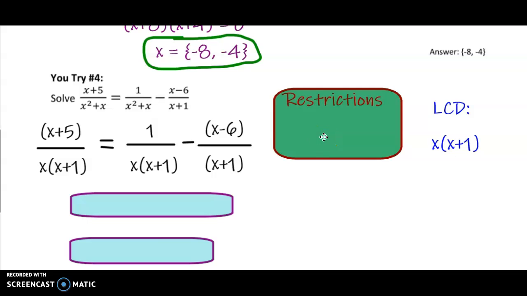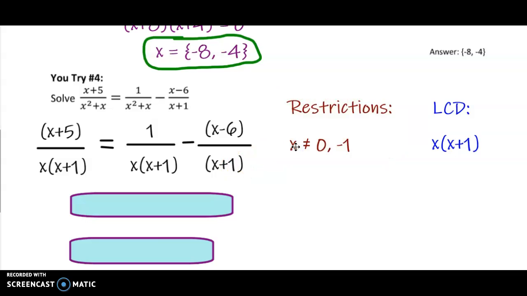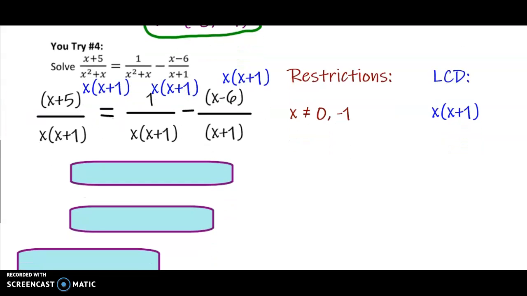My restrictions then would be, if I said x equal to 0, I get 0. If I said x plus 1 equal to 0, I get negative 1. So those are my two restrictions of what x cannot be. So I will multiply through by that LCD. And then, of course, things should cancel if I've picked the right LCD.